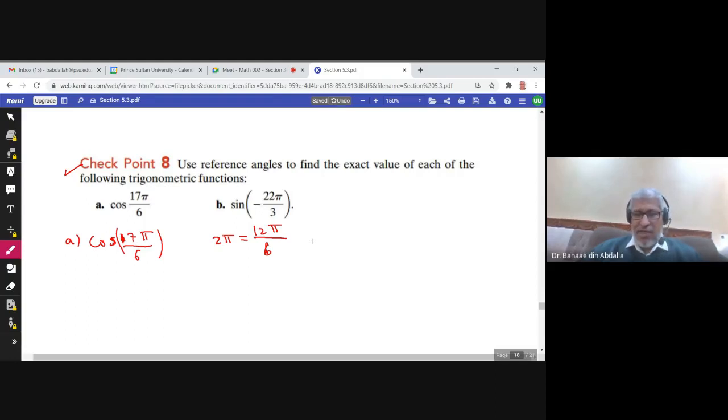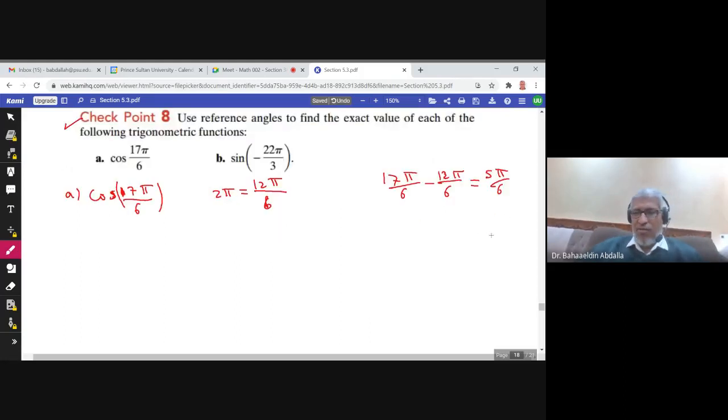This is 17 greater than 12. So I will start by subtracting 2 pi from 17 pi over 6. I reach 5 pi over 6. Good. Now 5 pi over 6 is less than 12 pi over 6. So 5 pi over 6 and 17 pi over 6 are coterminal angles.